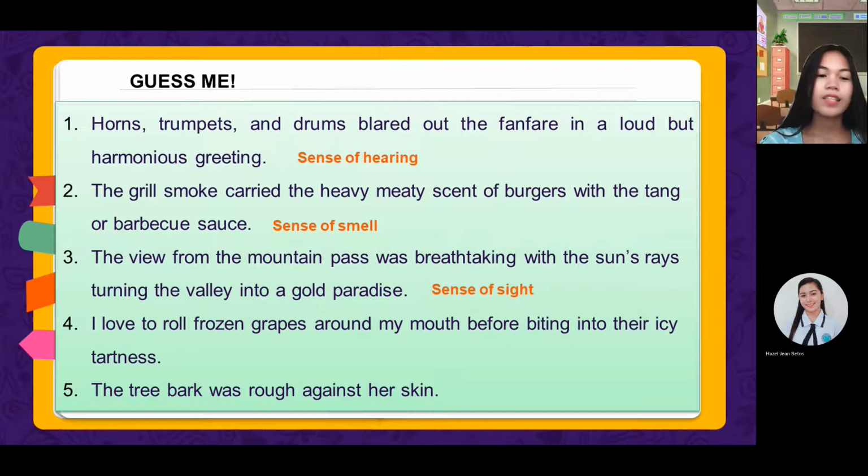Sense of sight. Okay, number 4: I love to roll frozen grapes around my mouth before biting into their icy tartness. What sense is present here, Alvin? Sense of taste. All right. Number 5: the tree bark was rough against her skin. How about this? Sense of touch.